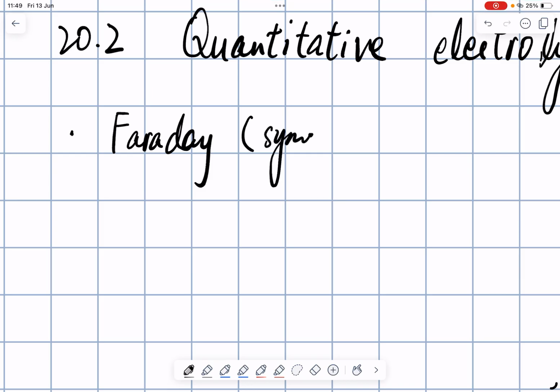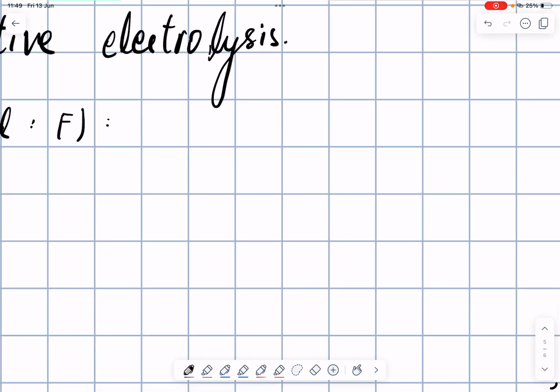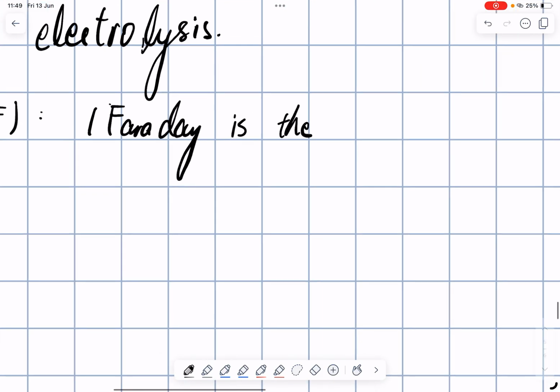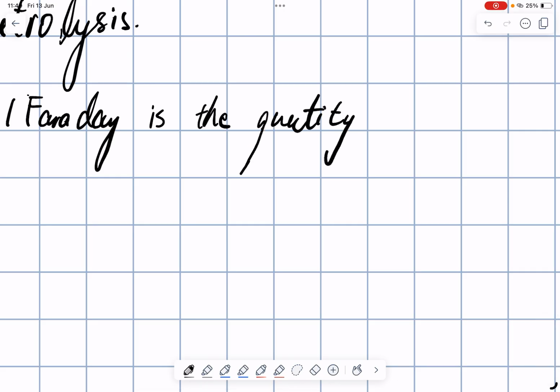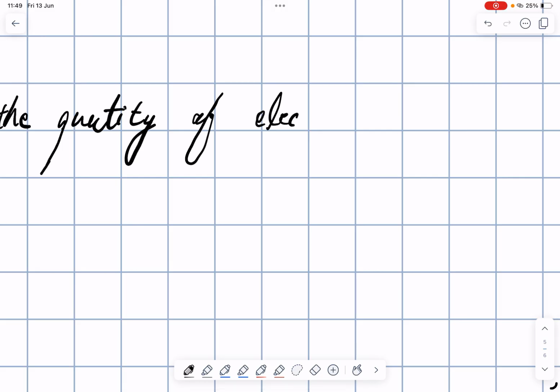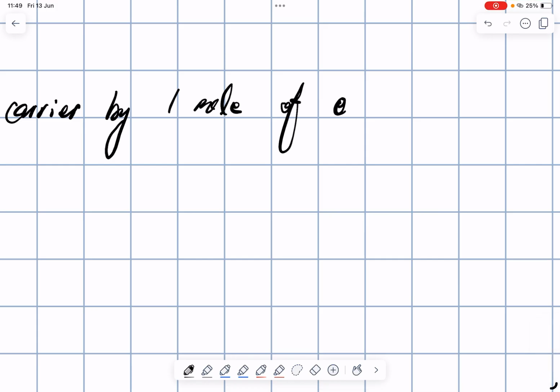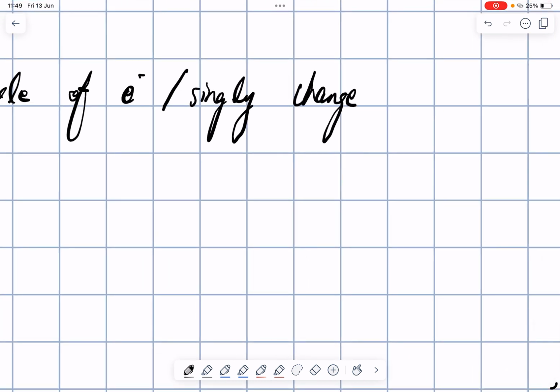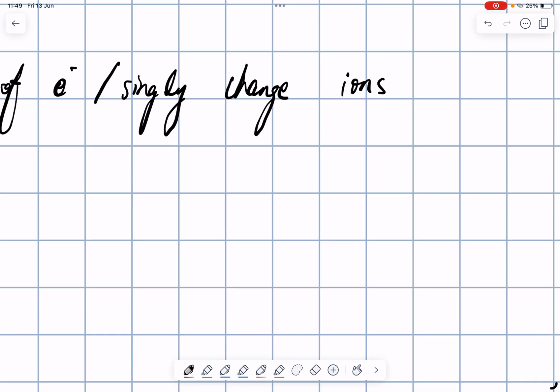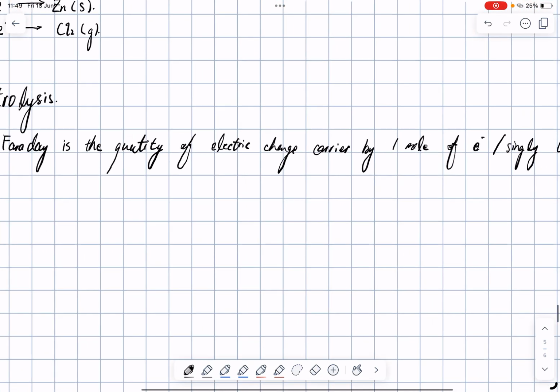The symbol for Faraday is F, of course, capital F. So what's the definition? 1 Faraday is the quantity of electric charge carried by 1 mole of electrons, or singly charged ions like chloride, like protons.